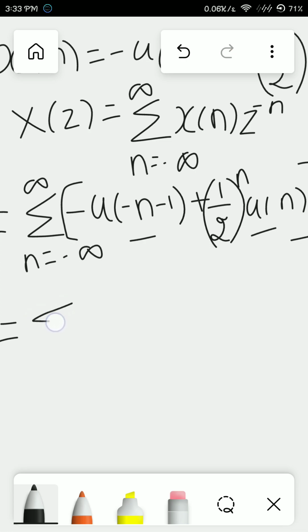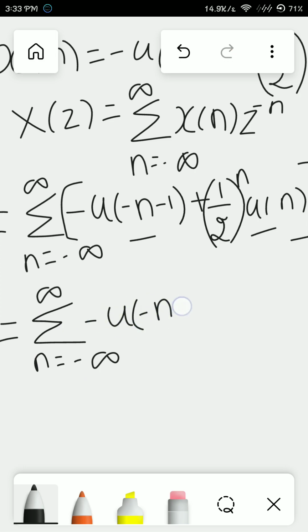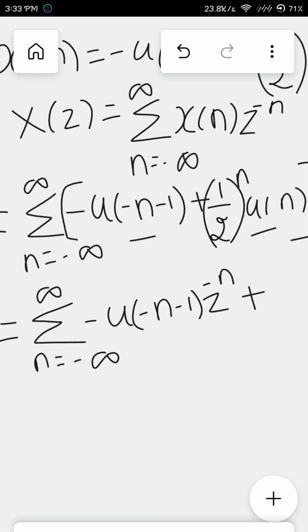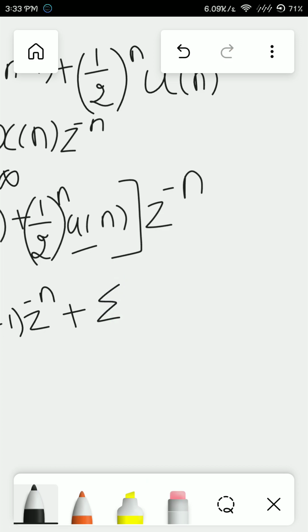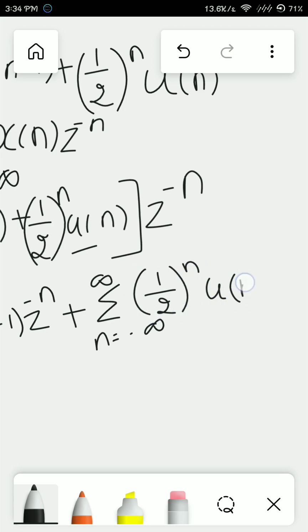So this is the summation for n equal to minus infinity to infinity of minus u of minus n minus 1 into z to the power of minus n, plus the summation for n equal to minus infinity to infinity of half to the power of n into u of n into z to the power of minus n.